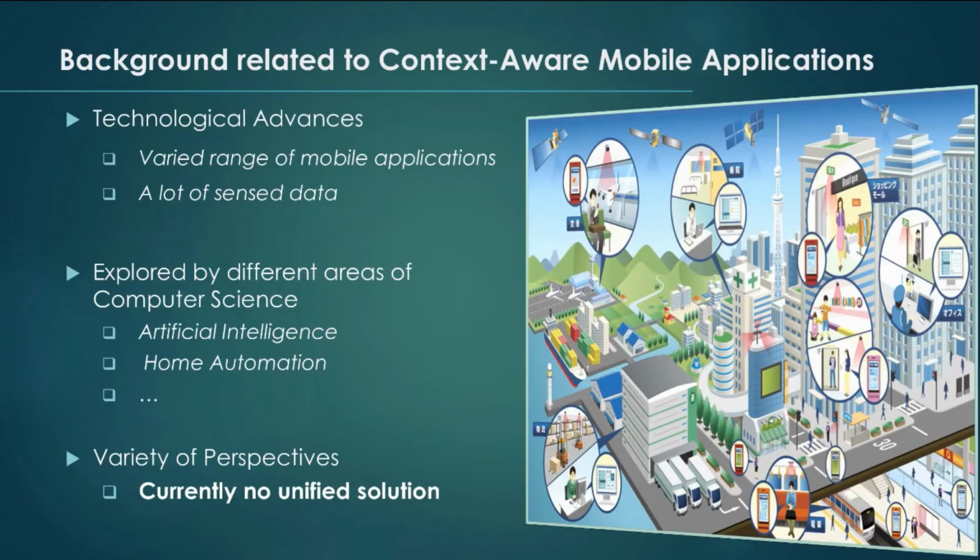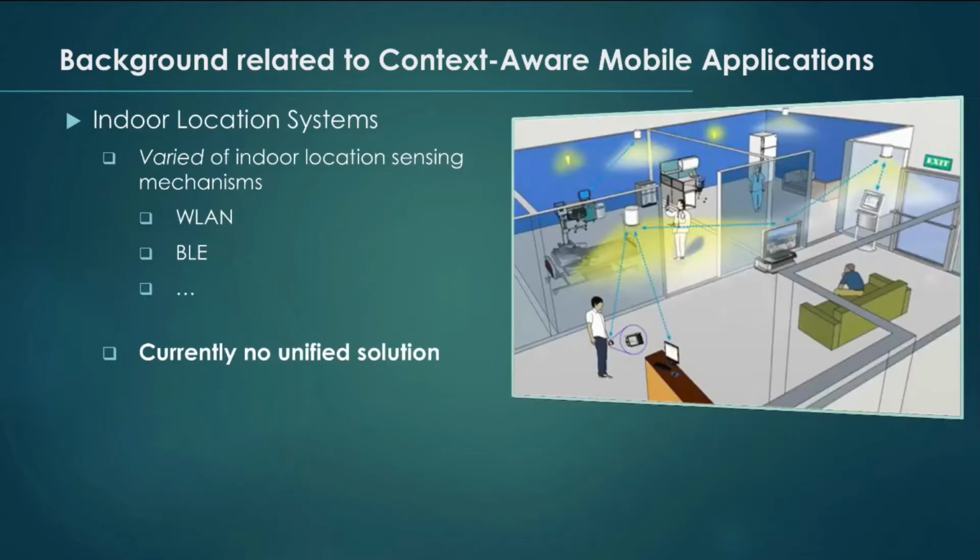This is an aspect of open research. There are currently a number of approaches working with WLAN, beacons, and so on. So there are indoor location systems with a variety of location sensing mechanisms.